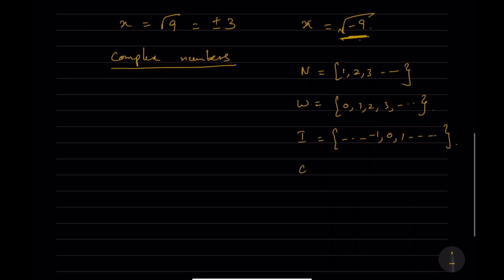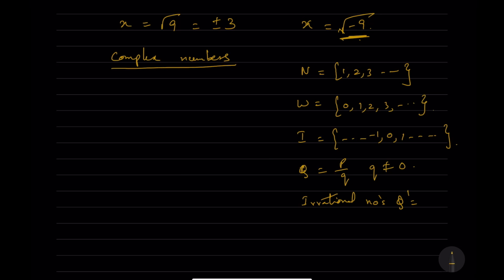Then we had what are rational numbers, which were denoted by this, that is, the set of all p by q where q is not equal to 0. Then we had what are irrational numbers, which was denoted as q dash, which cannot be written in the form of p by q where q is not equal to 0.